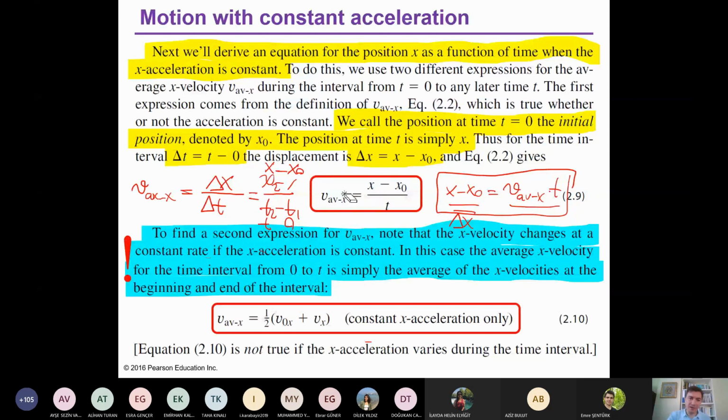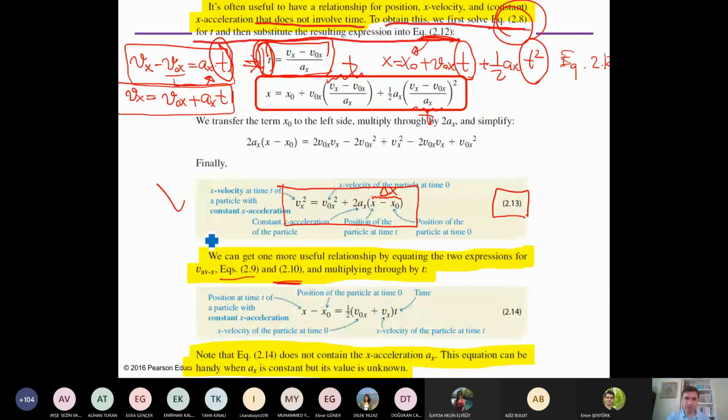So just use them. So what was equation 2.9? V average x was equal to x minus x0 over t, right? Let's have a look. And then this one, average x velocity is equal to 1/2 v0x plus vx.